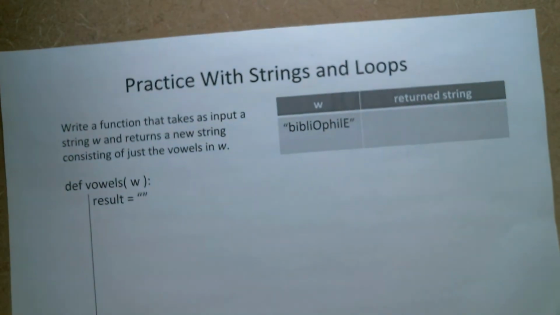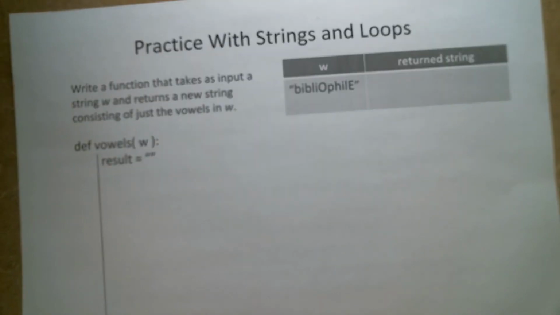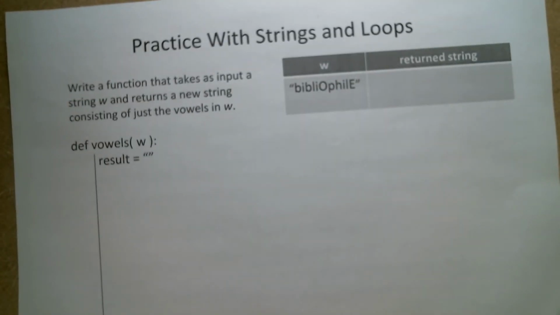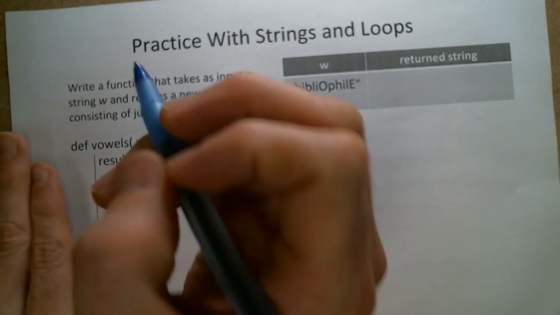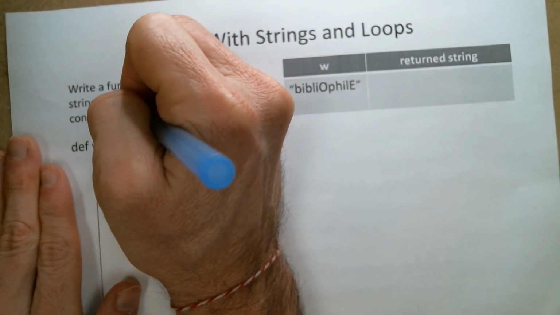All right, so what we have here is another task. And it says, write a function that takes as input a string W and returns a new string consisting of just the vowels in W. All right, so first things first, it says returns.